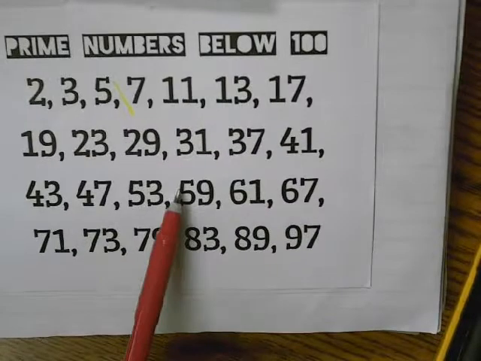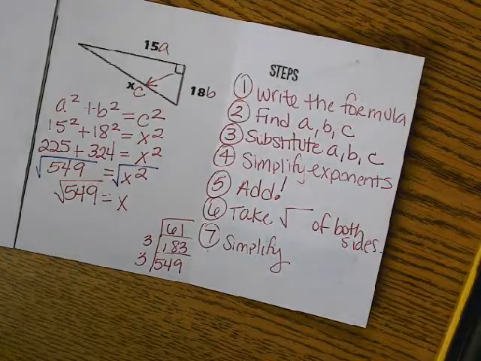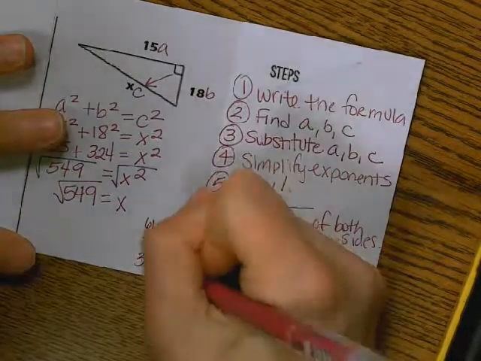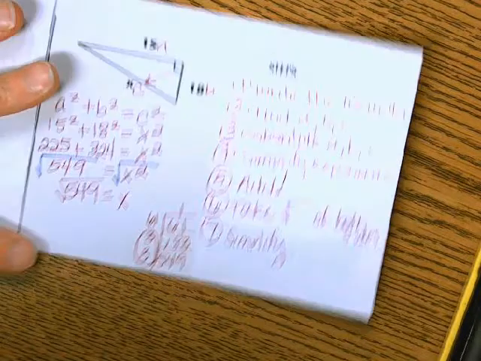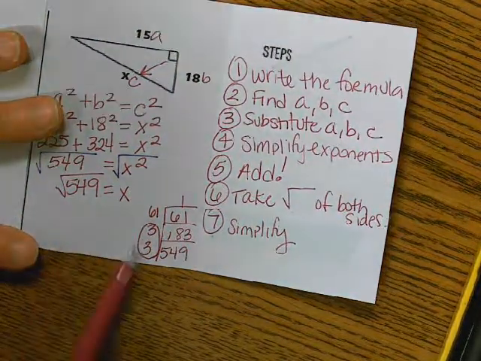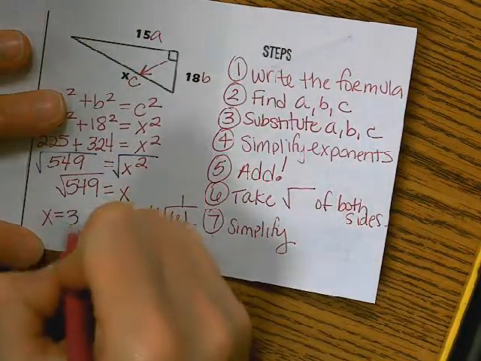Actually, if you look, it is on my list of prime numbers. So I am done with my cake. Just need to finish dividing that 61. So I can pull out a 3 as a simplification of 549. So this is 3 square root of 61.